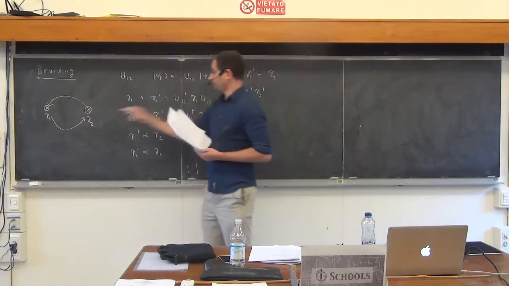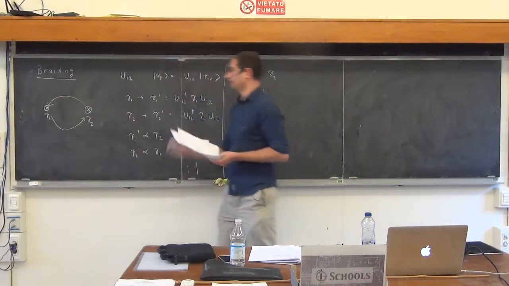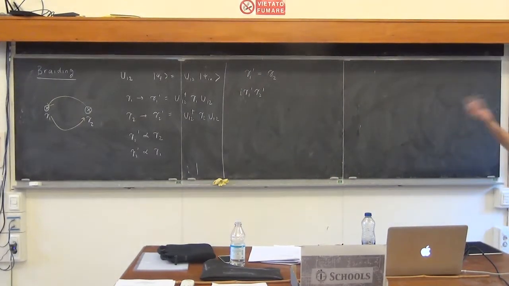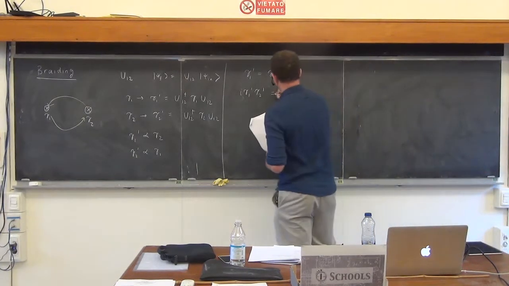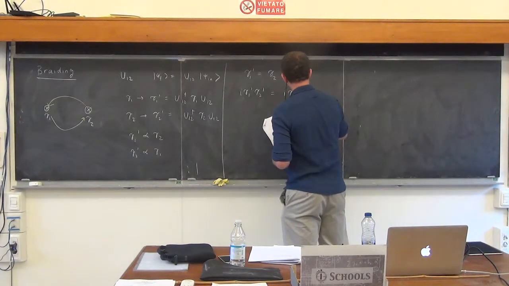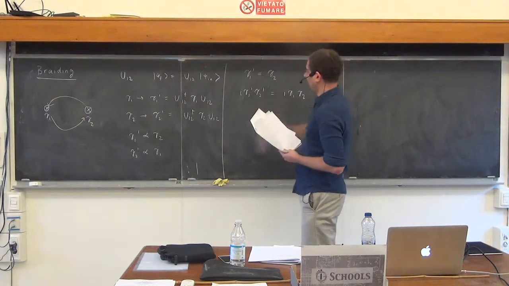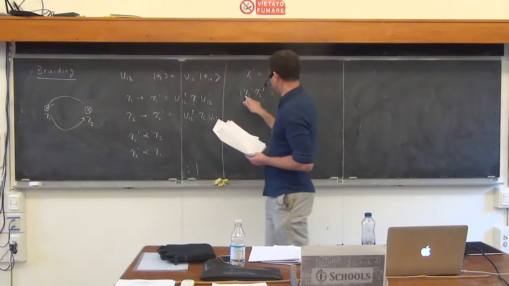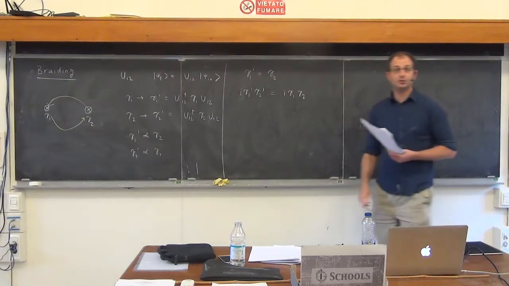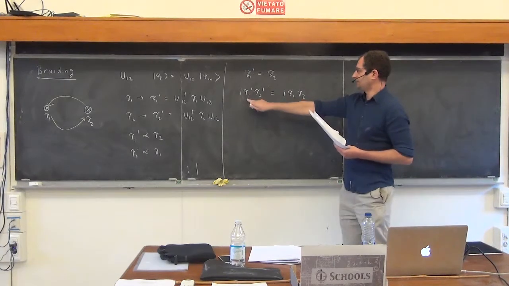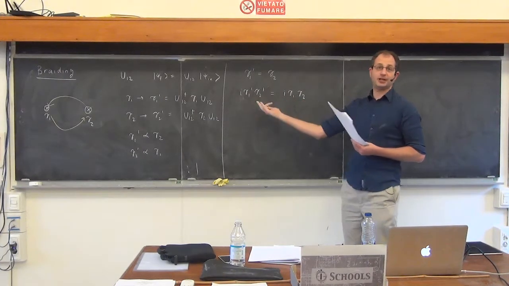Now, this fermion parity operator is going to have to be preserved by this unitary, because this unitary never adds fermion to the system. So this has to be equal to i gamma 1 gamma 2, and since I argued that gamma 1 prime is proportional to gamma 2, and gamma 2 prime is proportional to gamma 1, you see that I can substitute that in here, they interchange.